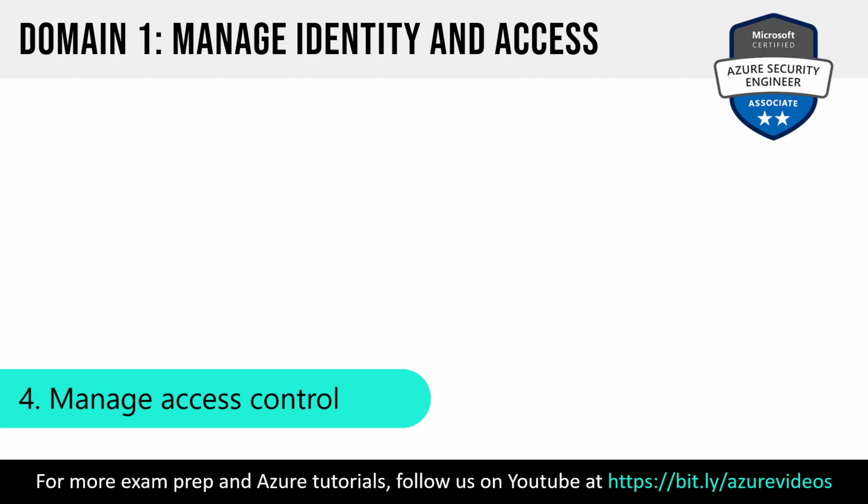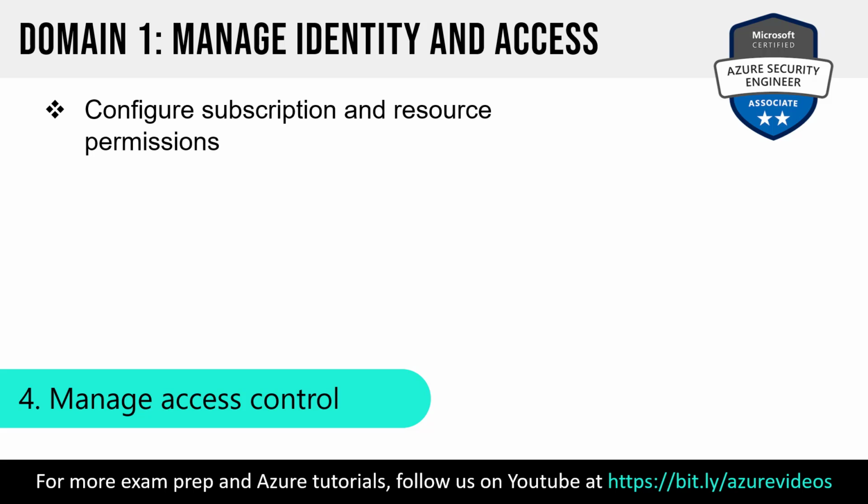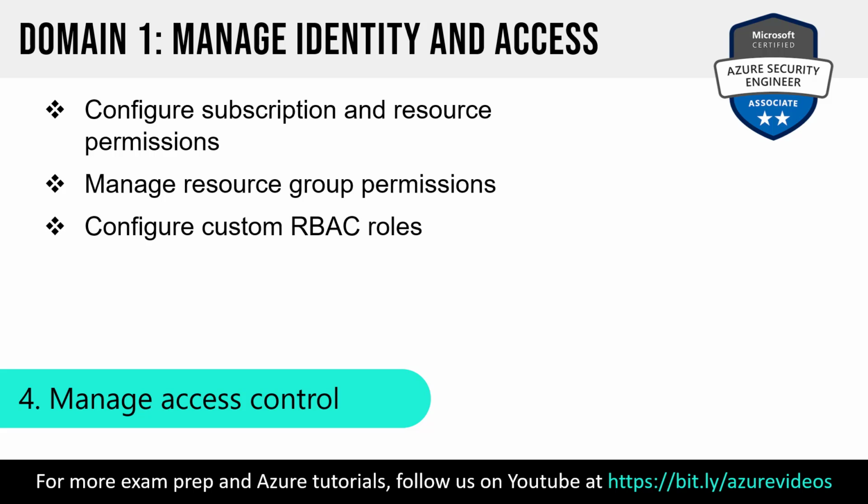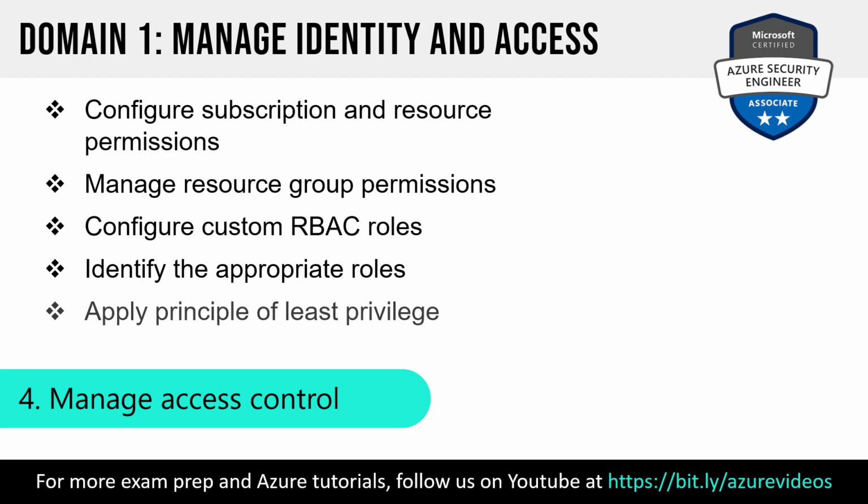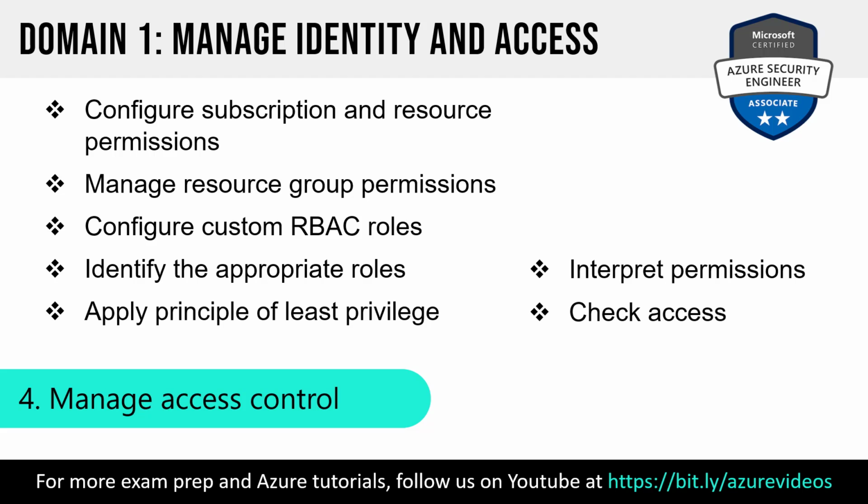So let's dig into manage access control, which is the fourth and final area. Here we are configuring subscription and resource permissions, managing resource group permissions, configuring custom RBAC roles, identifying the appropriate role for a given scenario, applying the principle of least privilege, which should really just pervade all our thinking, interpreting permissions, and the check access feature.